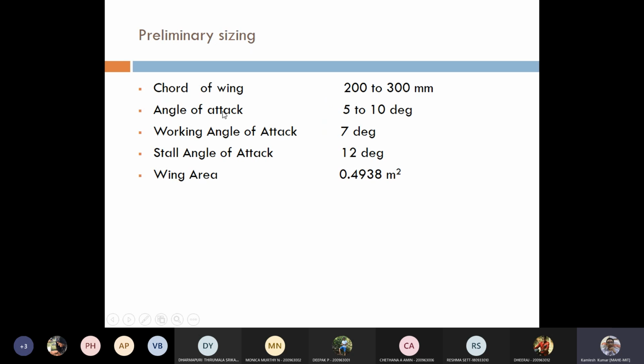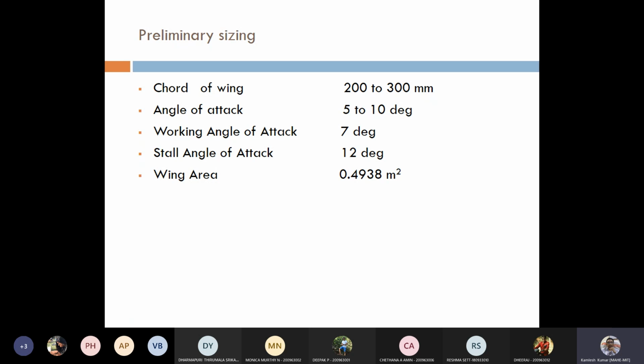So you have some requirement, then some preliminary sizing they have done. Say the chord is varying, with the angle of attack they are expecting, because they have prior activities. This type of aircraft mostly flies at this type of angle of attack, then fine, good. It's not required to put too much knowledge there and analyze to conclude that only this particular angle of attack is going to work.